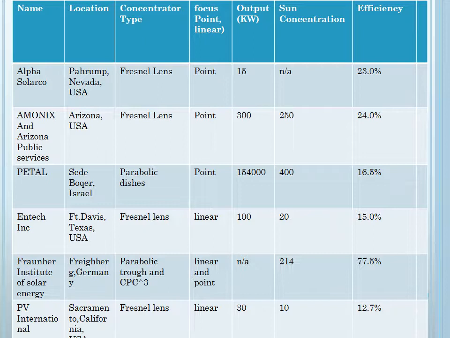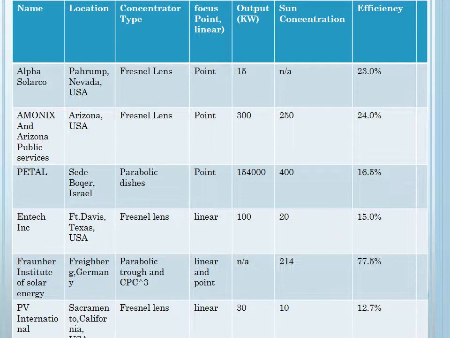It's called the Alpha Solar Curve, and it has an efficiency of 23%. Then the other one in Arizona has 24%. As you can see, the highest efficiency obtained is 77.5%. It's in Germany, at the Fraunhofer Institute of Solar Energy, and it uses parabolic trough. And it's quite high efficiency.